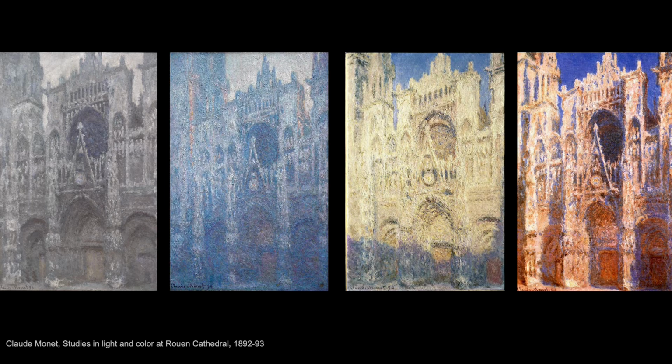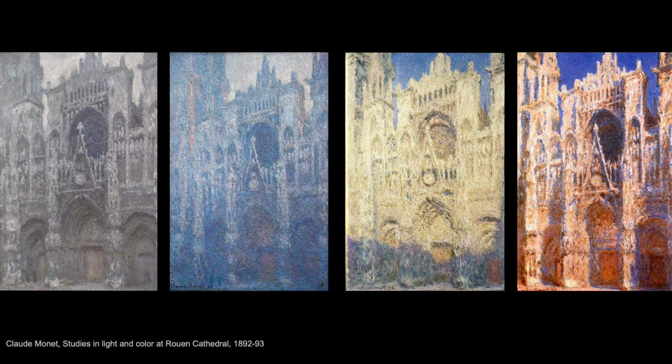But his Rouen Cathedral series was his most intense effort at a single site. Each canvas is an exercise in capturing the atmosphere between Monet and his subject, and how the effect of different weather conditions and light, humidity, brightness, shadow, and haze change the way that subject is perceived.